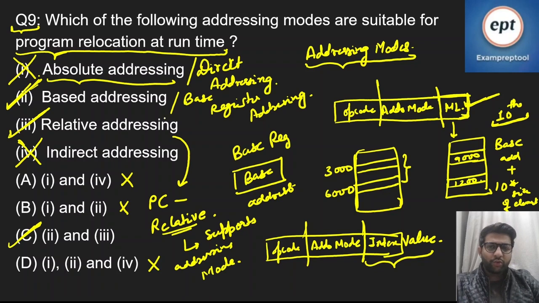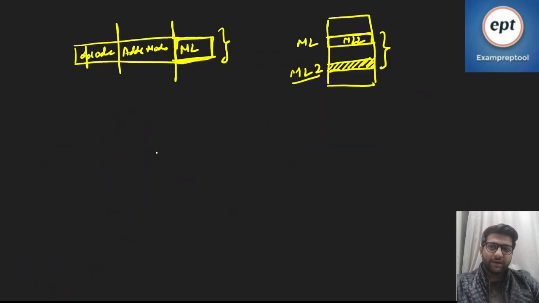I want you to go through your notes. That is why I'm giving you this homework: revise the PC relative addressing mode. This is a very important addressing mode. If time permits, we will discuss what PC relative addressing mode is in the next video. For now, just try to do it on your own once.